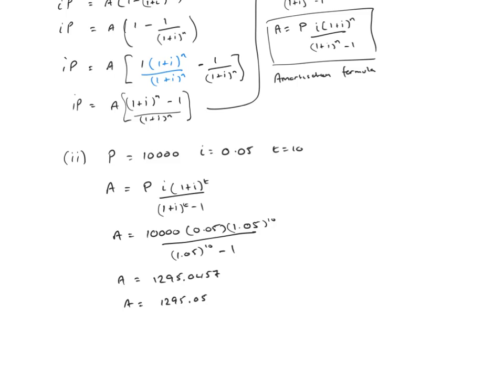So what we're saying here, just to summarise what this means, is if we take a car loan of 10,000, where the interest rate is 5%, and we pay it back over 10 years with one yearly payment, then the yearly payment will be €1,295.05, and obviously we have to pay that 10 times, which means for the car, instead of paying 10,000, we're paying 12,950. So nearly 13,000. So we're paying almost €3,000 in interest there.